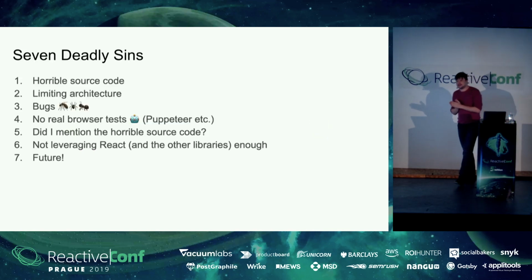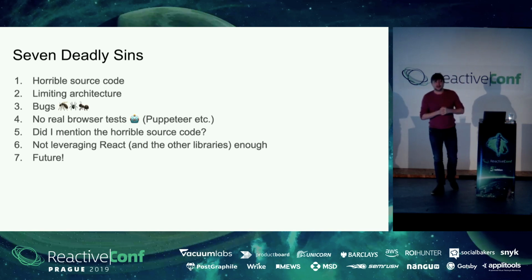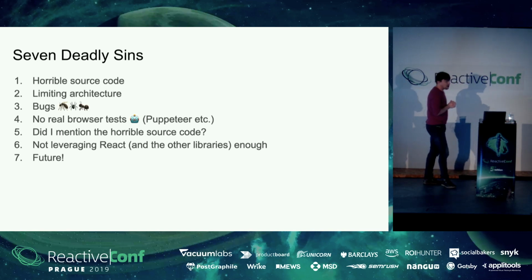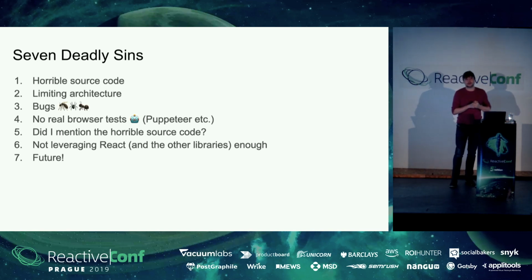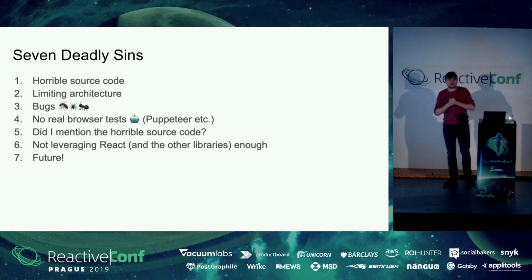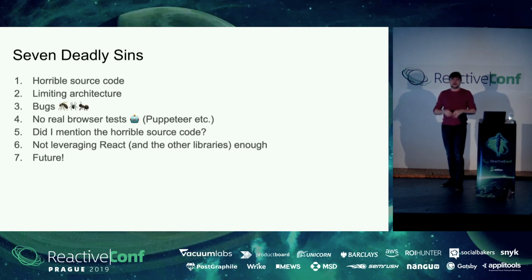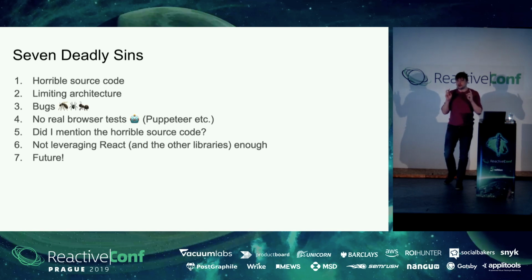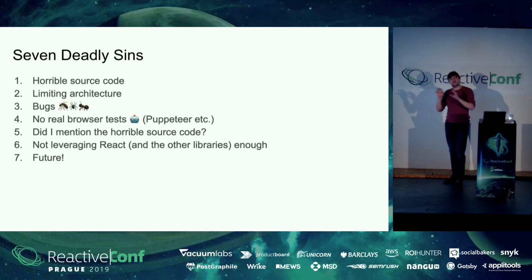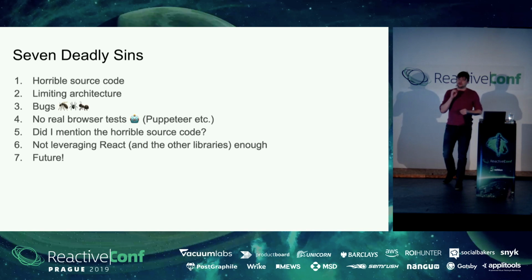Okay, seven deadly sins of current content editable editors. Horrible source code. When I say horrible, it's really horrible. There are a huge amount of flags or edge cases, and except Draft.js, which is written in Flow, all those editors are written without types.